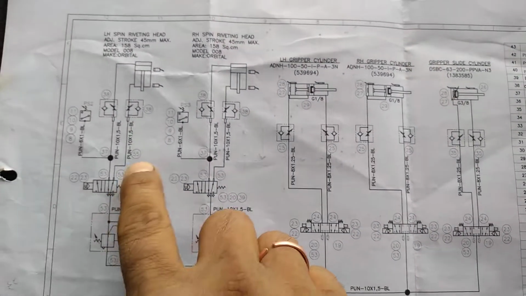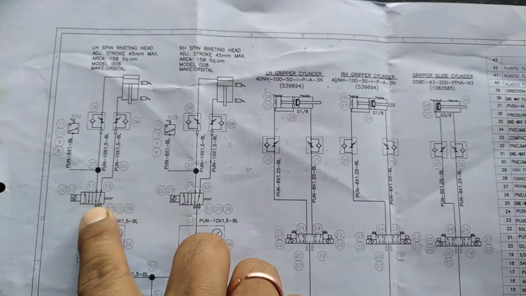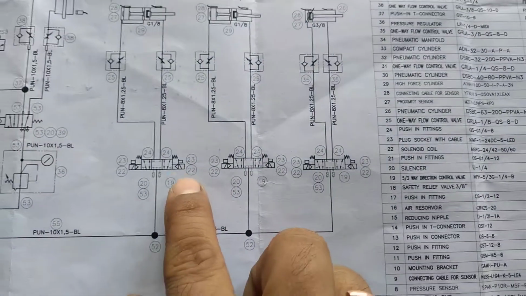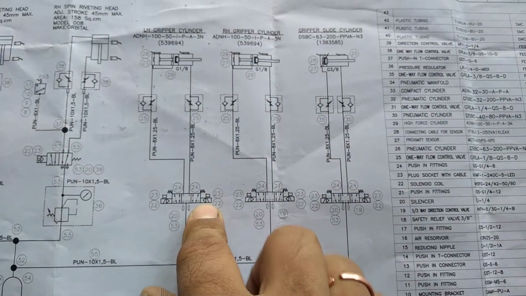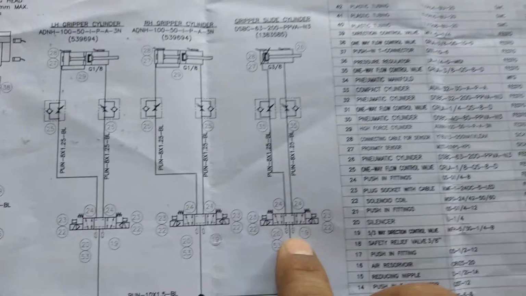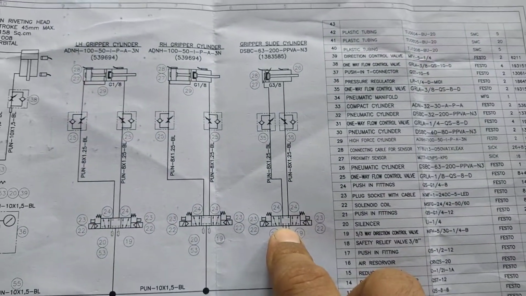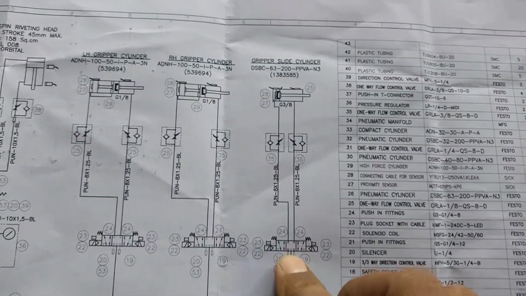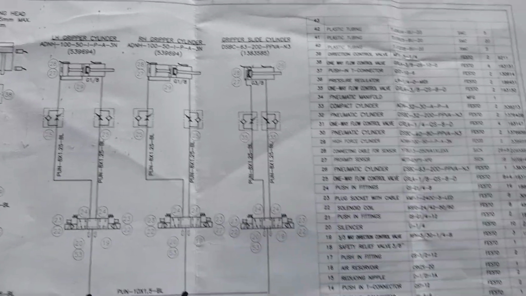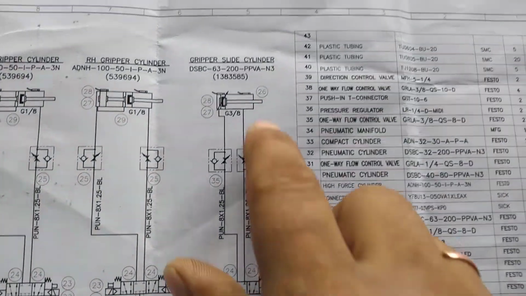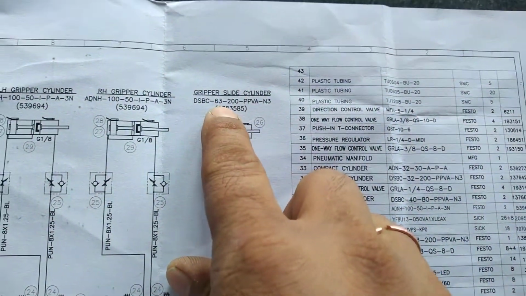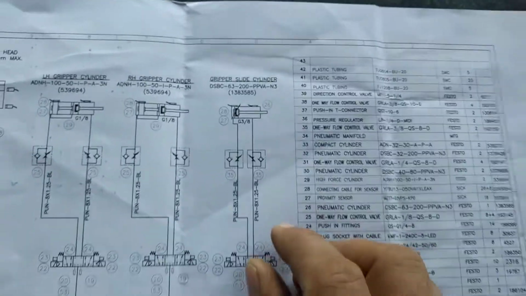These valves are a little bigger. This is a very small valve. Earlier, in a past video, we already saw one small 5 by 3 valve. Small valves are required wherever we are adding very small cylinders.